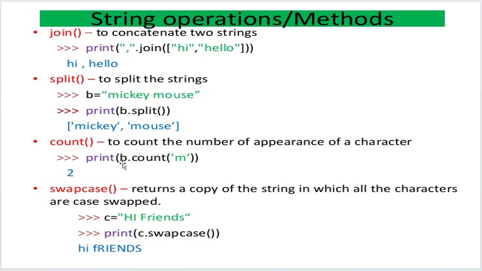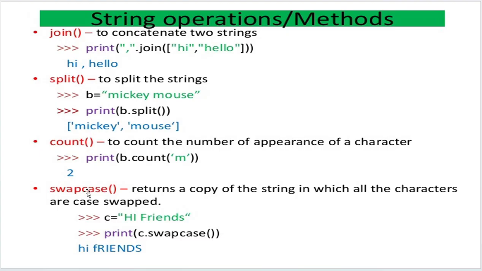If you want to print b dot count of m, it's going to count the character M from the string B. B contains the string Mickey Mouse. In that there are two M's present, so the output is printed as 2. Mickey has an M and Mouse has an M, so 2 times the M character appears over here.